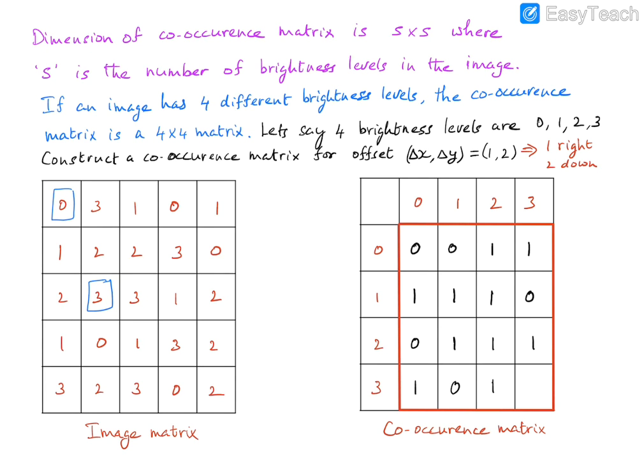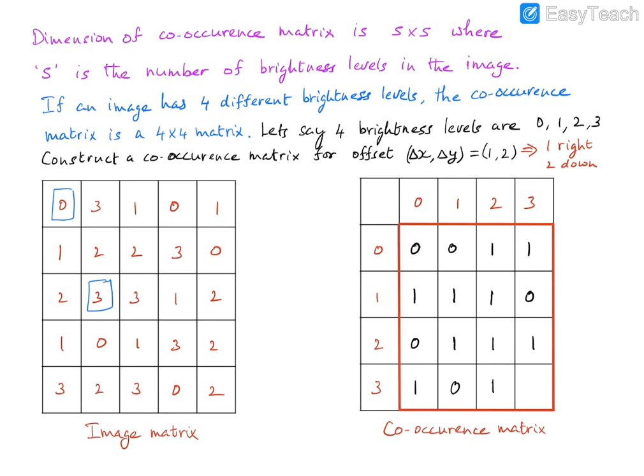So for this 3, if we go by the offset, 1 right and 2 down, we have 3 and 3 here. Okay, so that's once. For this particular 3, at the offset 1 right, 2 down, it's a 2. So we are looking for 3 and 3. So no, not here. For this particular 3, if we go 1 right and 2 down, that's a 3. So that's the second time we are getting that 3, 3 combination at the defined offset.